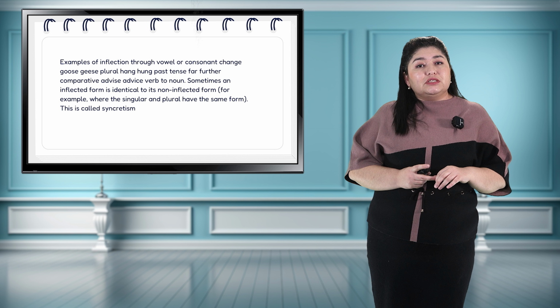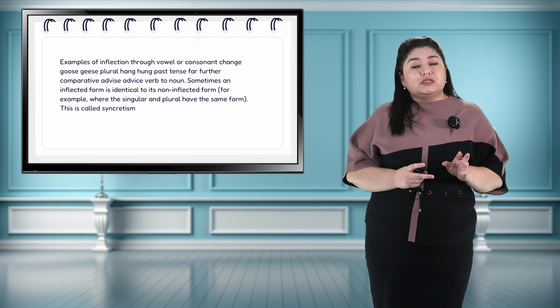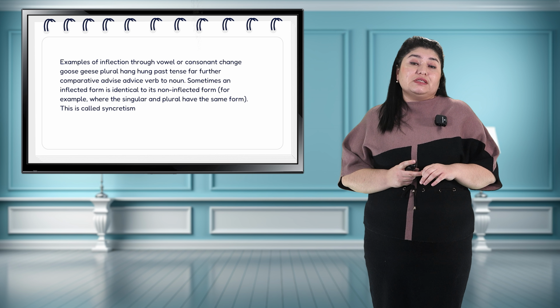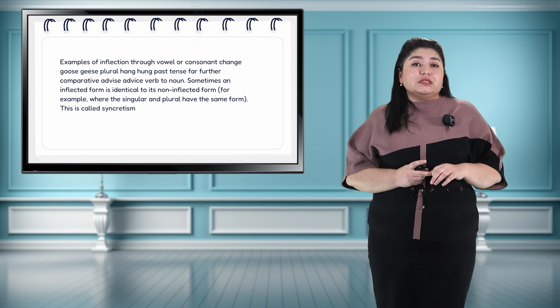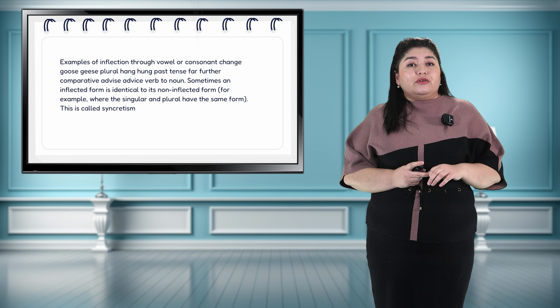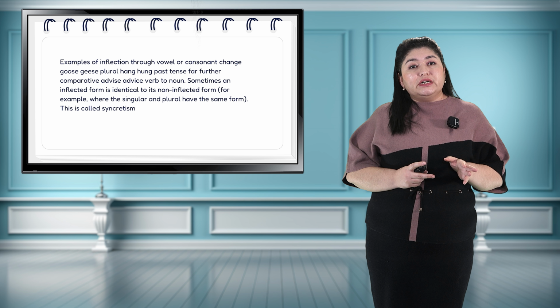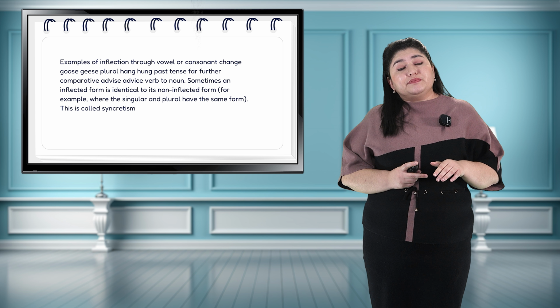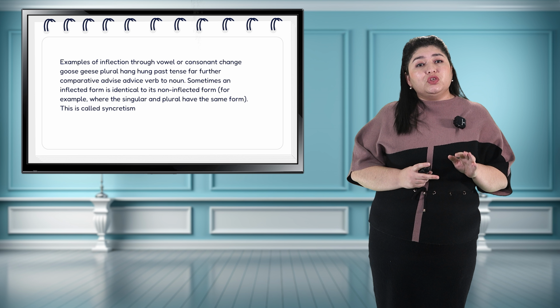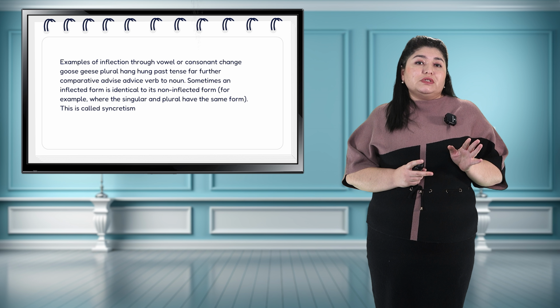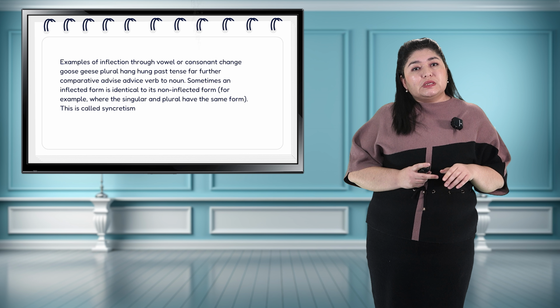Sometimes an inflected form is identical to its non-inflected form. For example, singular and plural have the same form. This is called syncretism. For example, the words deer or fish. We can use these words in singular or plural forms.